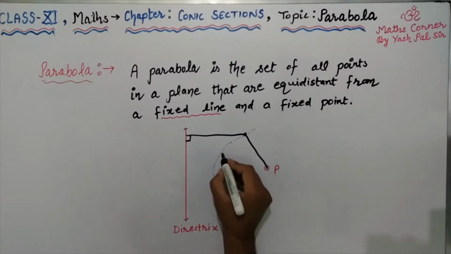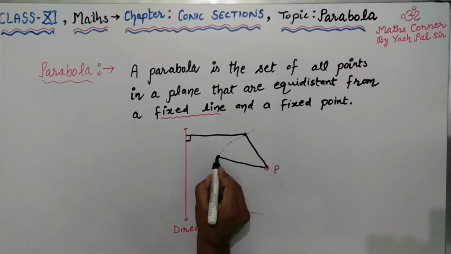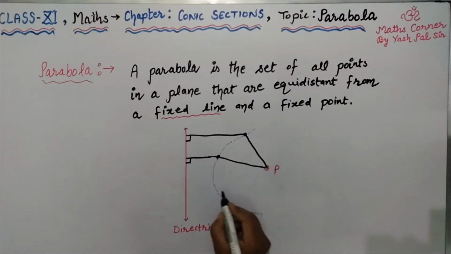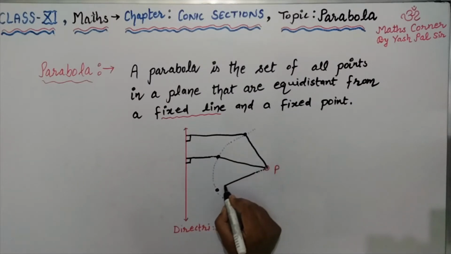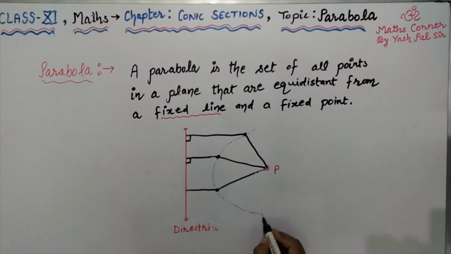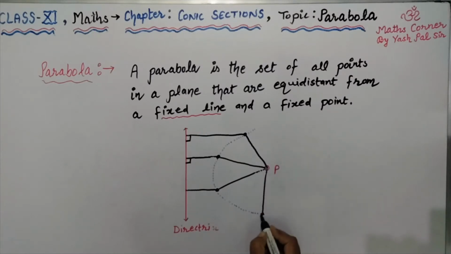Suppose the point comes here, then we have this distance, again we draw the perpendicular on this line. Third time, suppose this is the point, again we draw the perpendicular. If this is the point, then we again draw the perpendicular on the fixed line.